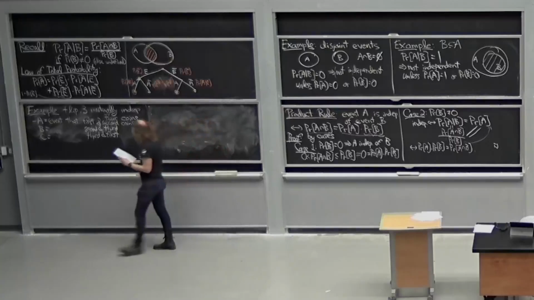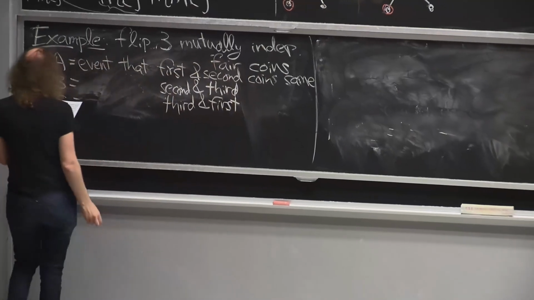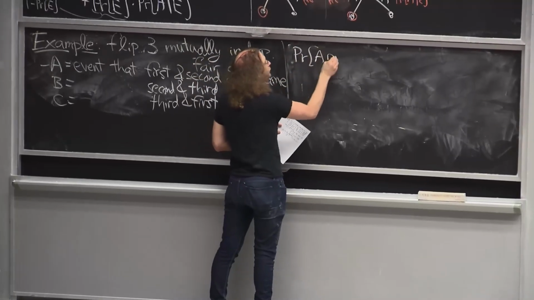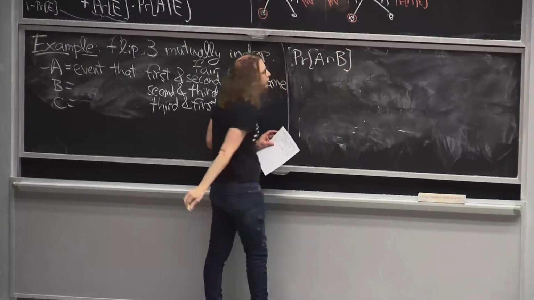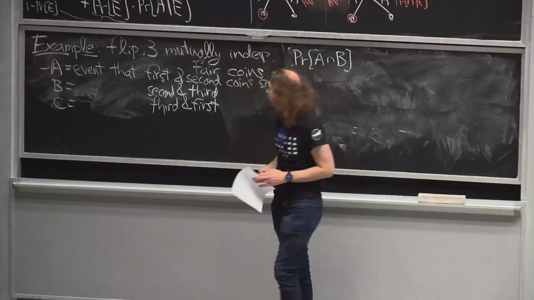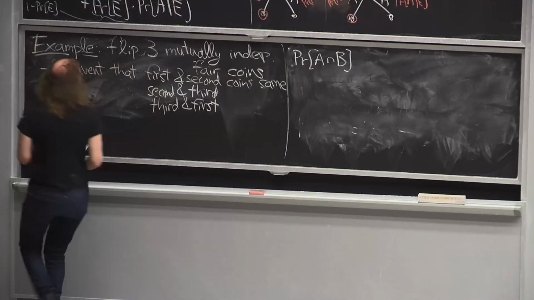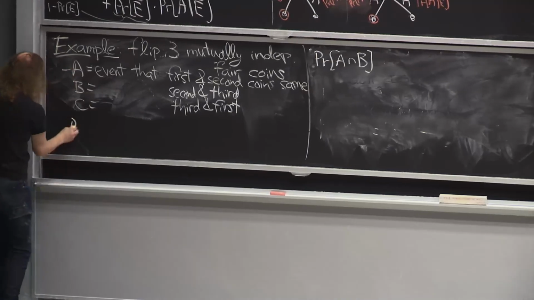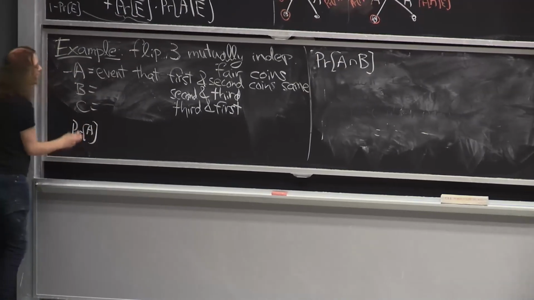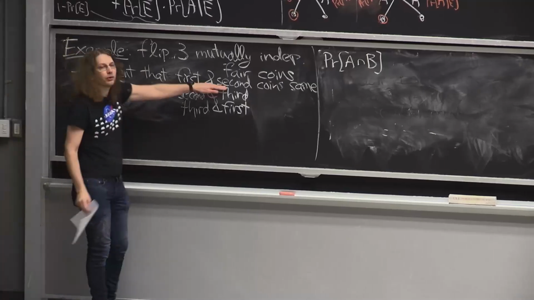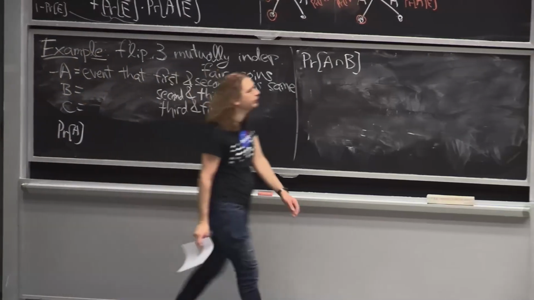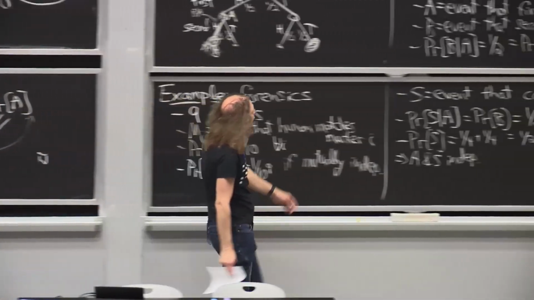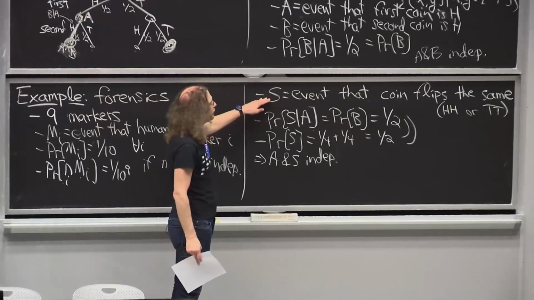All right, let's start with pairwise independence. Let's think about the probability of A intersect B versus the product of the probabilities of A and B. So let's start with the probability of A. The probability of A only depends on the first and second coins. So this is exactly an example we saw before, where we just flipped 2 independent coins, and S was the event that the coins are the same.